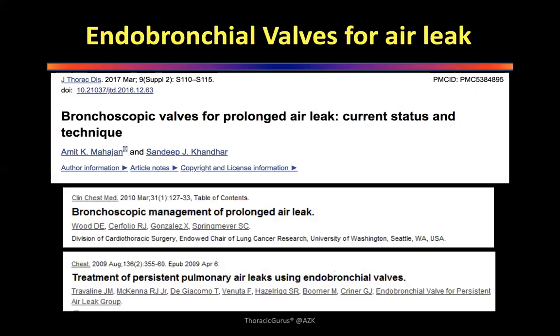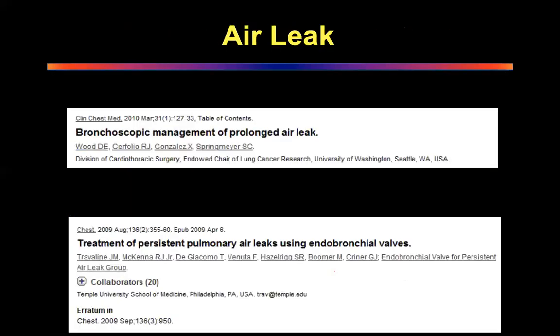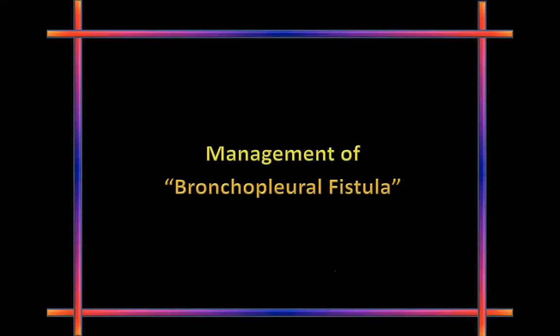So it's a very nice document. These are the papers that talk about use of bronchoscopic valves for prolonged air leaks. In Europe, it's becoming more and more common now to find that people are using valves for stopping air leaks, okay? So that's the management of acute air leak using endobronchial therapy.